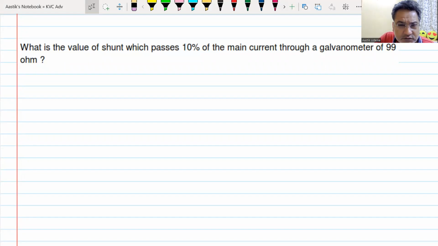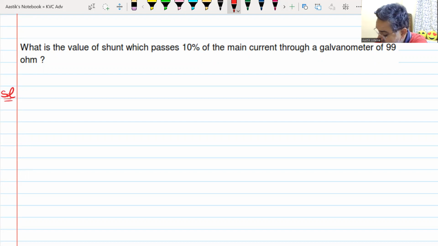Then this is the first question that we are going to solve. What is the value of shunt which passes 10% of the main current through a galvanometer whose resistance is given as 99 ohms? The answer that I am having is 11. So how are you supposed to do this?